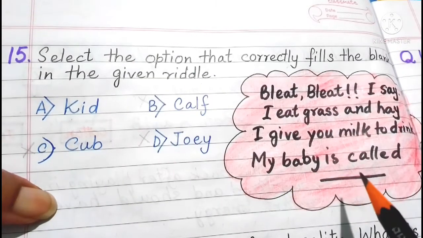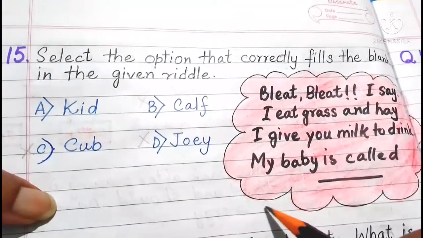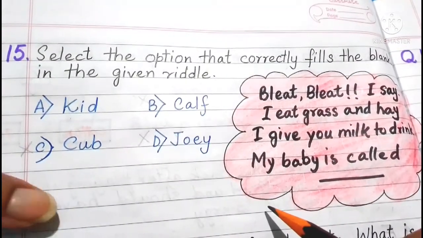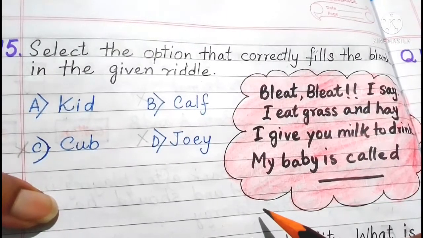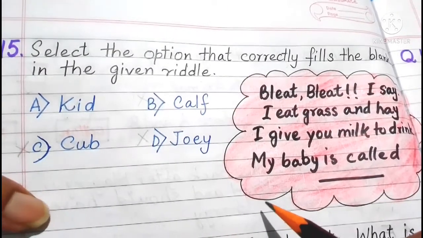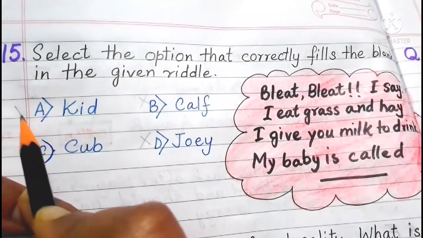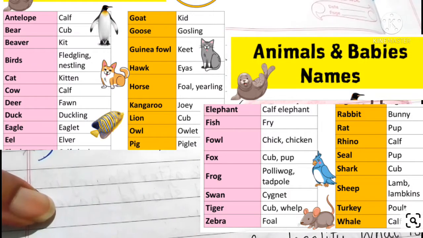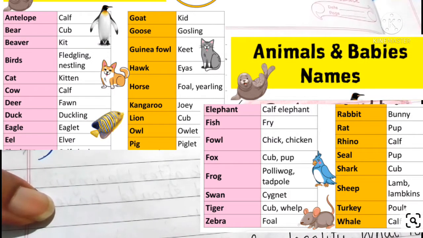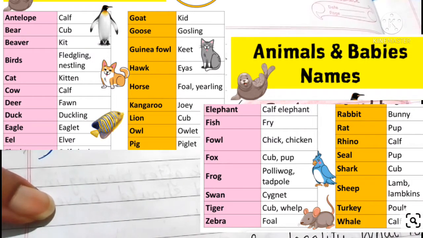I think we generally consume the milk of goat also. Other than cow, we consume the milk of goat also. So the baby of goat is called kid. So option number A is the correct option. Now we have a list of several animals and the names given to their babies.